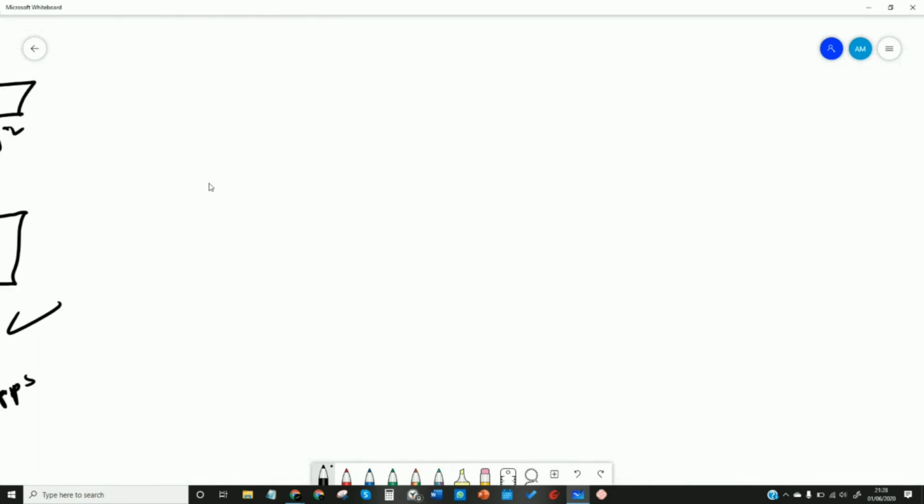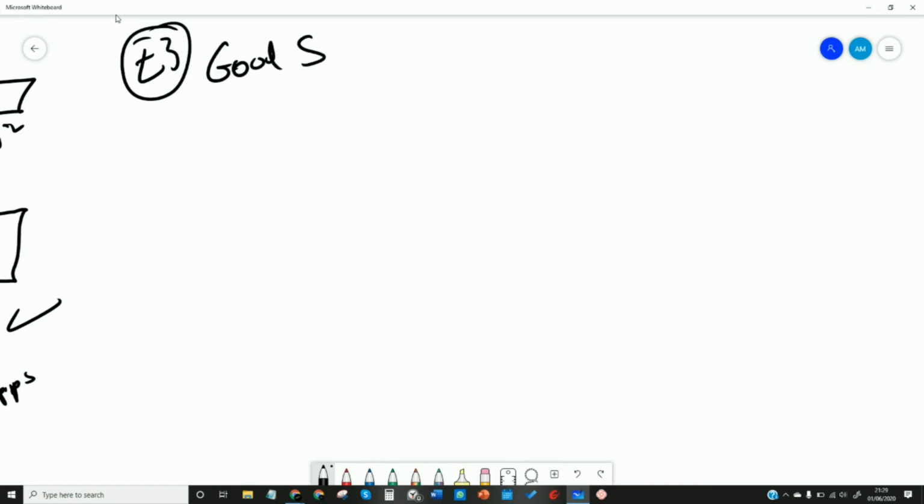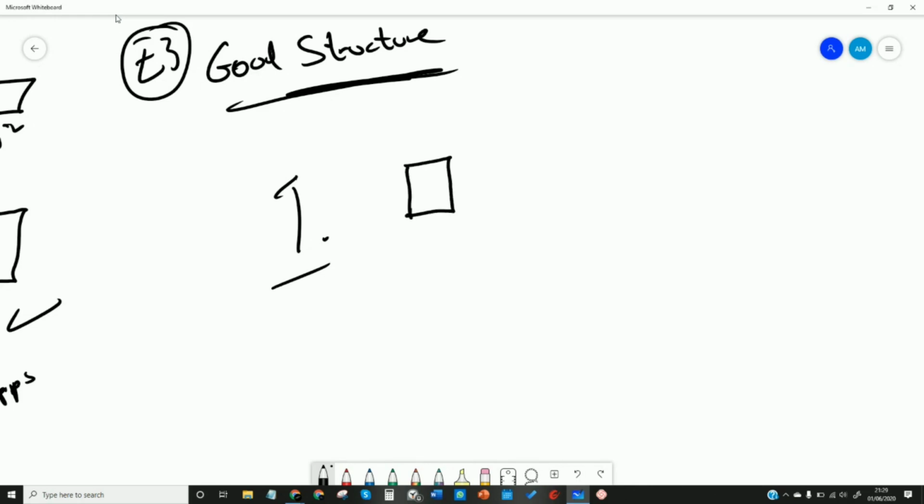Now, the main thing with event 3 is structure. That is the main thing with event 3. We want to see good structure. Now, when it comes to structure, we want to see number 1, either an engulfing structure, either bearish, or bullish.